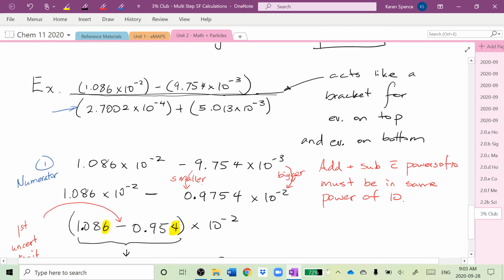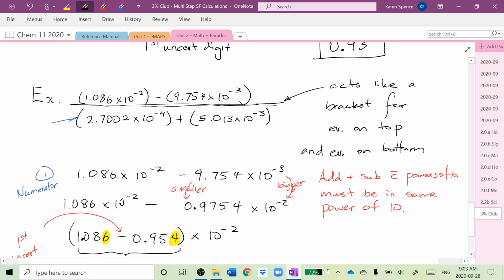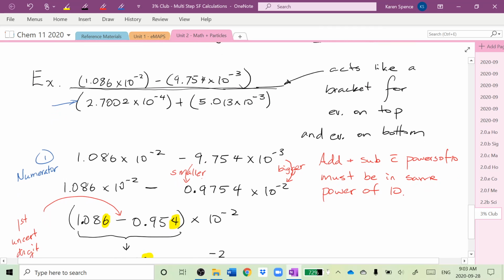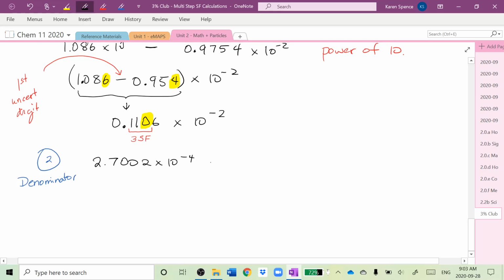And what were we doing with that? We were adding to it 5.013 times 10 to the negative 3.